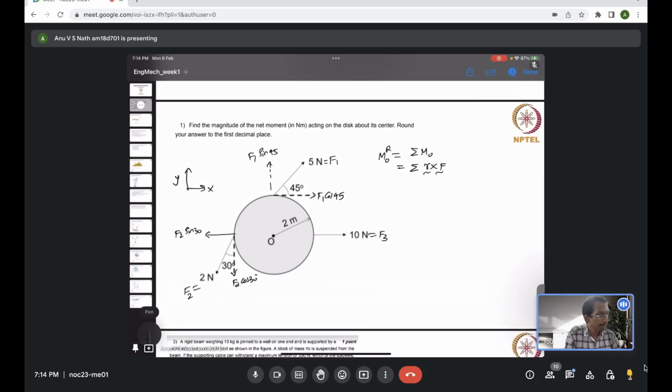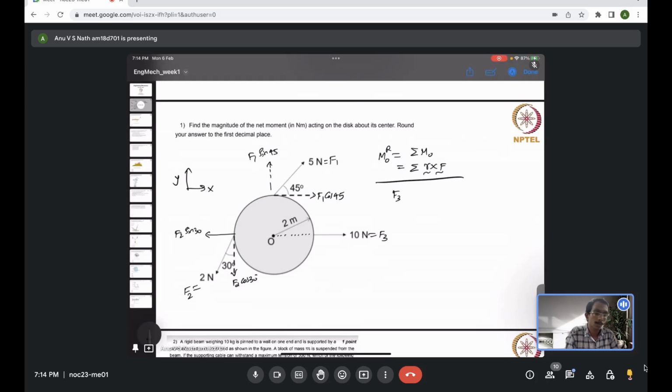For F3, this is the answer to the first question that I asked: which of the forces are going to contribute to the moment and which are not. If you see here, F3 is passing through the centroid, right? So the moment arm of the force F3 is 0, and F3 will not have any contribution to the moment.